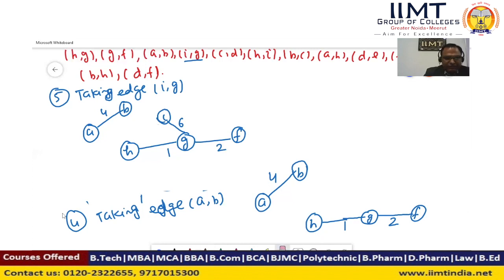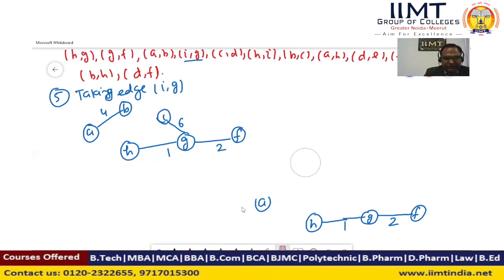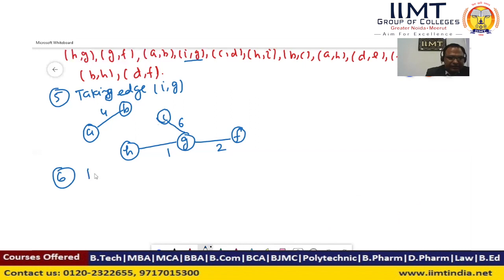Now for the next steps, this process will continue until we exhaust all the edges. In step number 6, the next edge is this one, c comma d. If we take this, will it create a cycle or not?